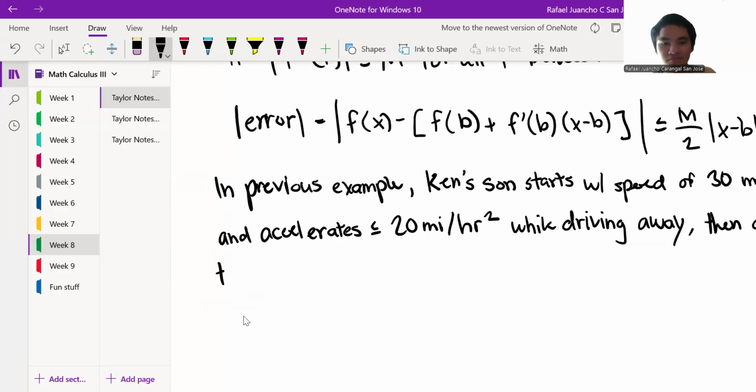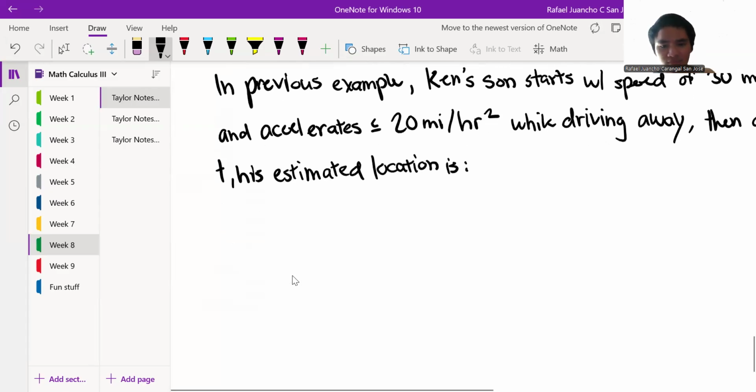Okay. Or his estimated location. His estimated location is the following. So we say that x of t, right? Because that's where his distance from the home is approximately the beginning distance plus probably a derivative here.